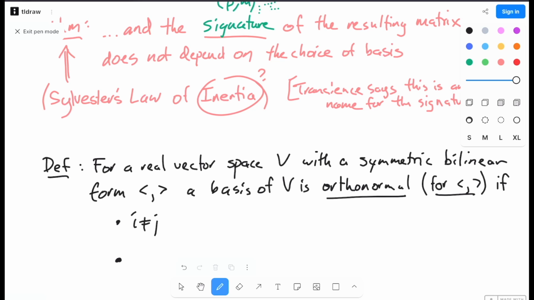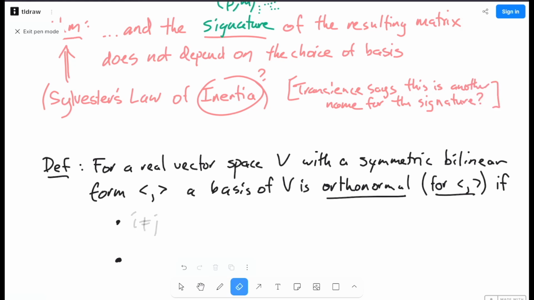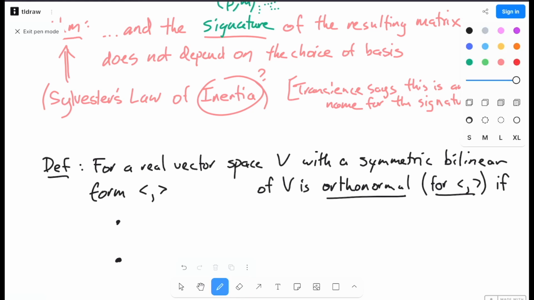It's that if you have two different basis vectors, then the form of one with the other is 0.